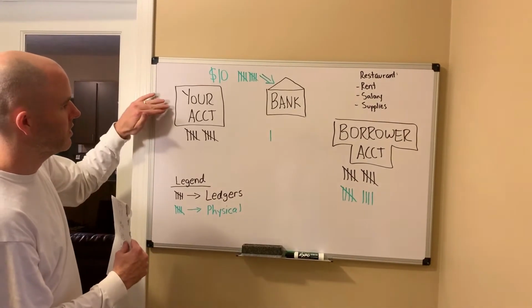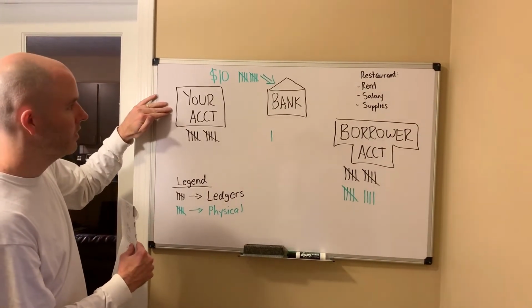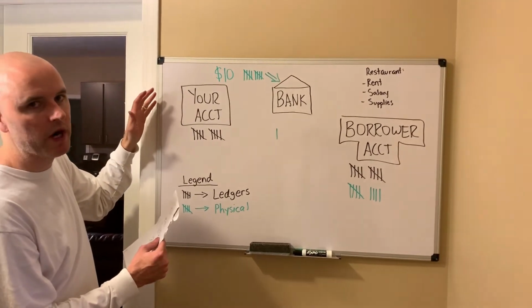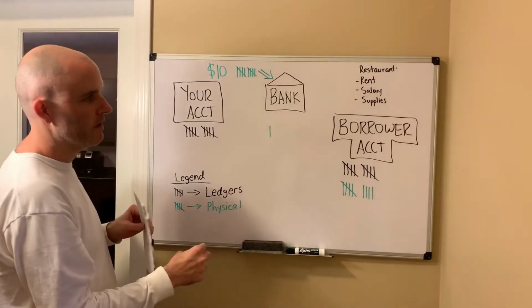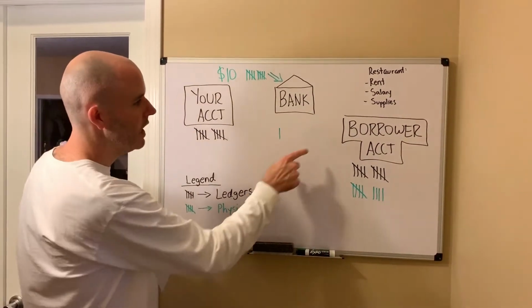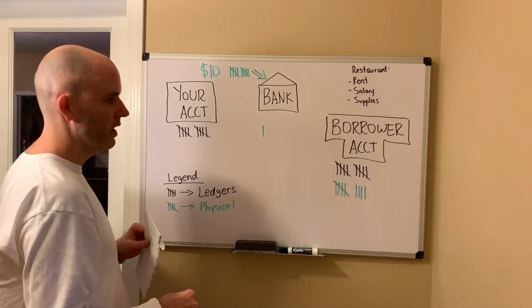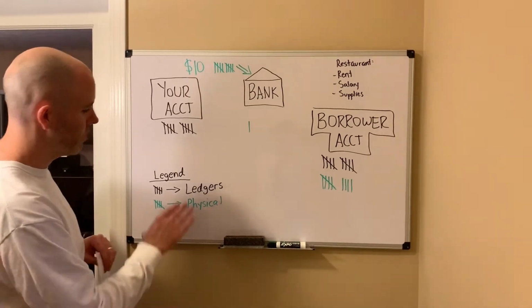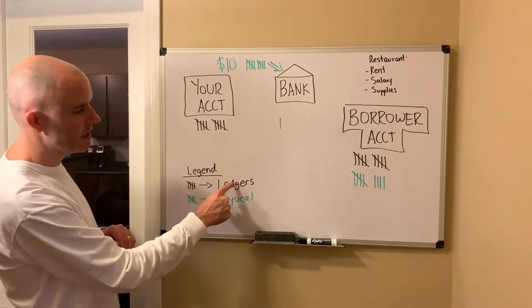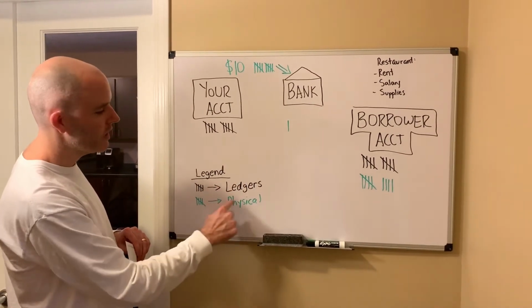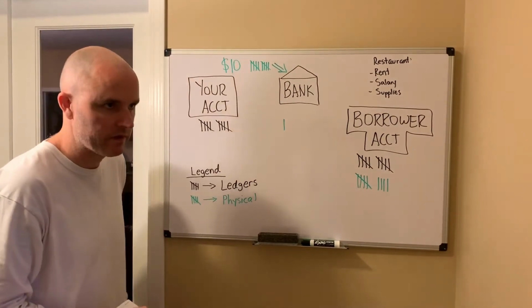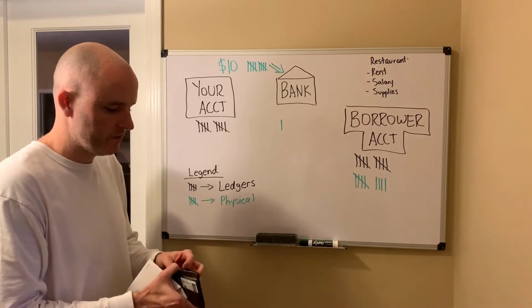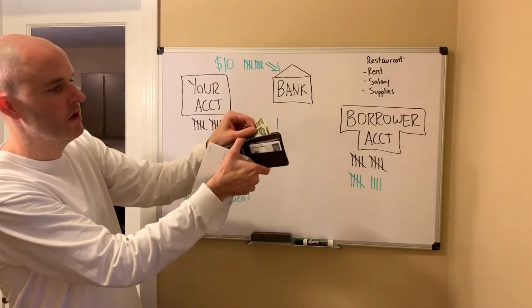There's your account, and you in this case would be the depositor of the $10. There's the bank, which acts as an intermediary, and there's the borrower's account. Remember these: black indicates digital, green indicates physical cash, like this.